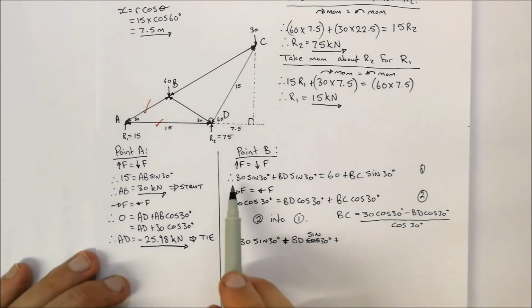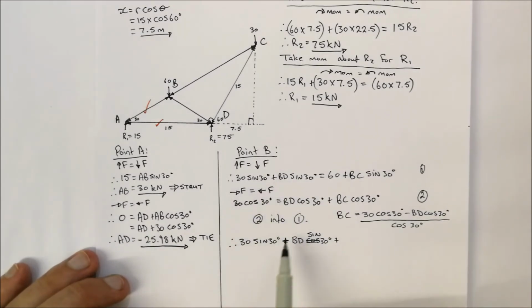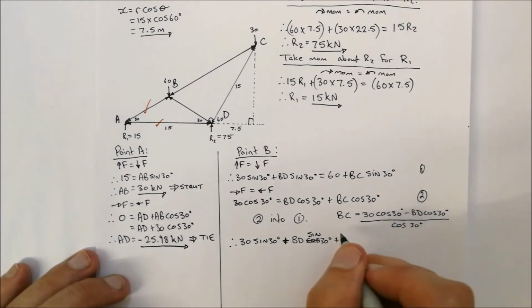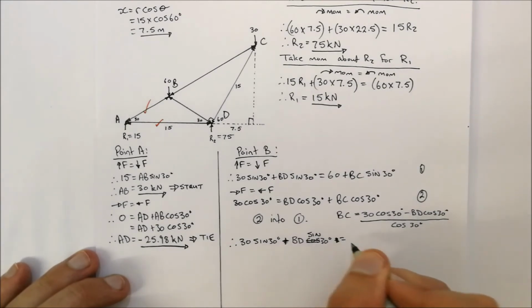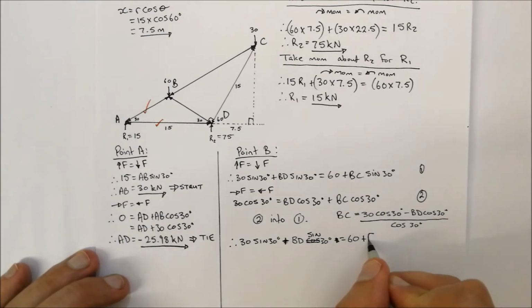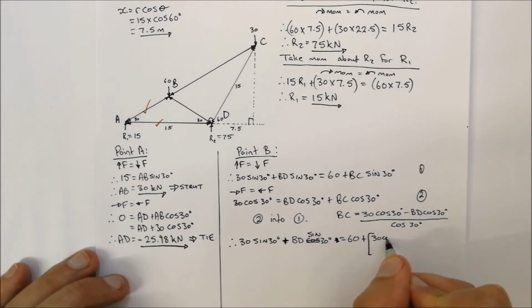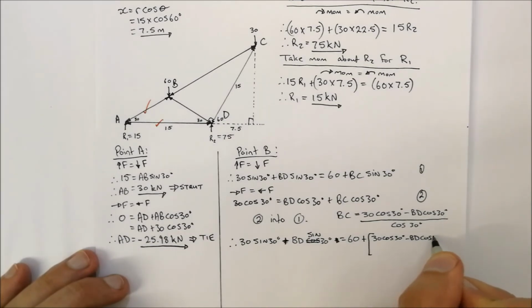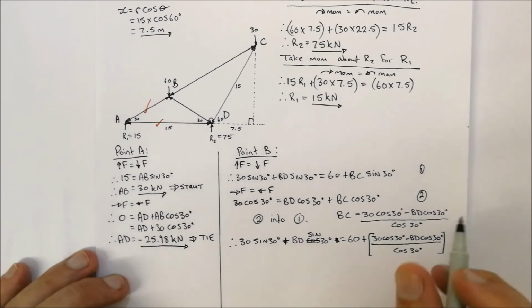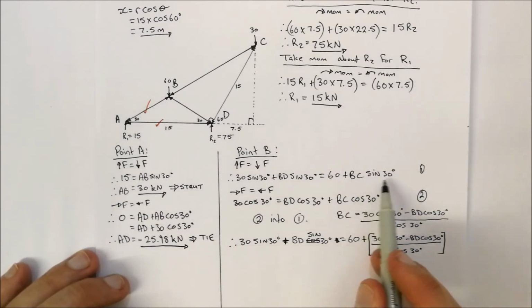So again, 30 sine of 30 degrees plus BD sine of 30 degrees is going to be equal to 60 plus BC. Now BC, we know what this is: 30 cos 30 degrees minus BD cos 30 degrees divided by cos of 30 degrees, and that is all going to be multiplied by sine of 30 degrees.